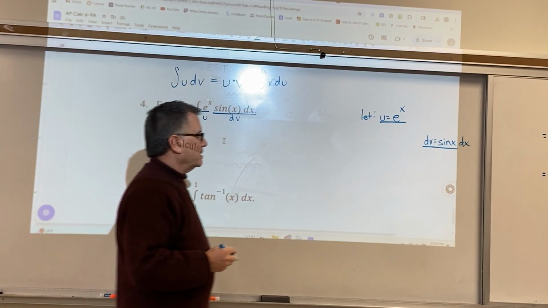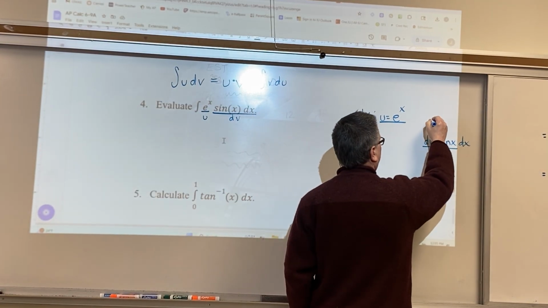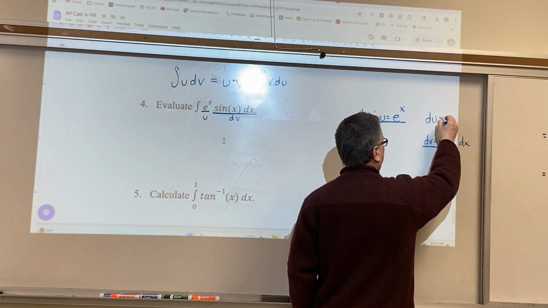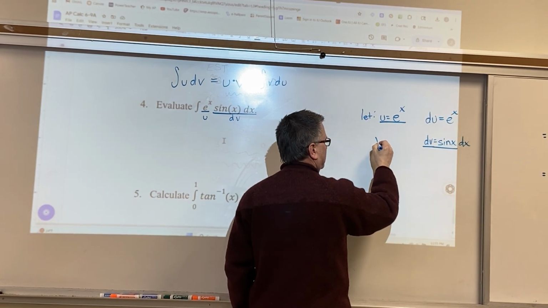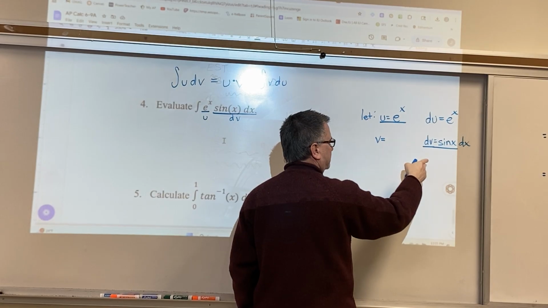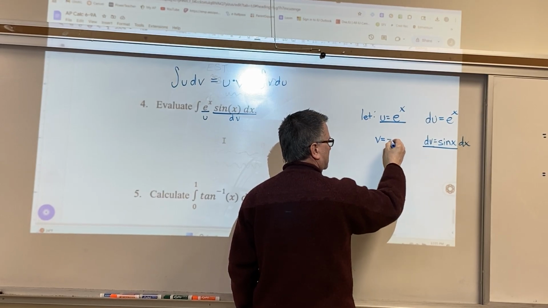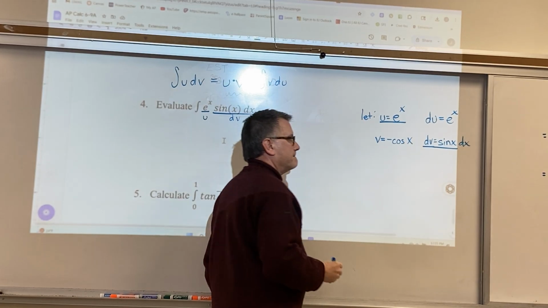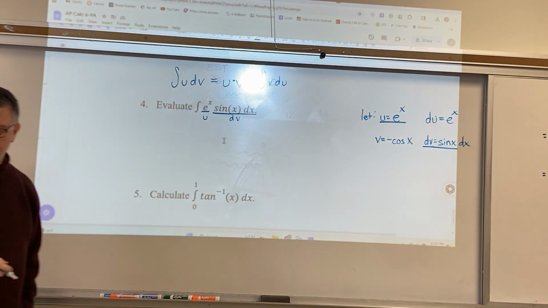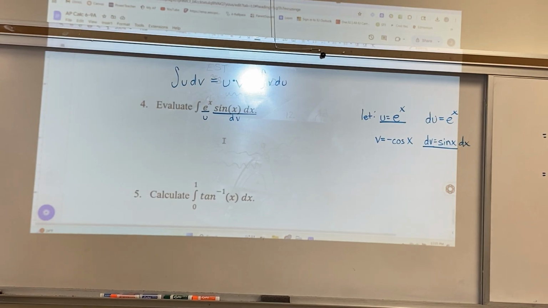So I'm going to use that. If I took the derivative of e to the x, I'm just going to get e to the x, right? And v, if that's dv, is minus cosine. Now let's see if that works.